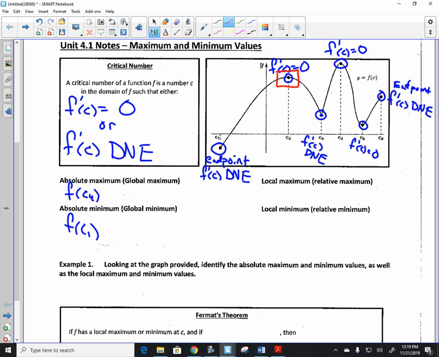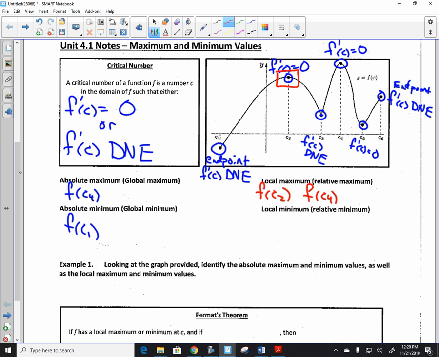Therefore, f of c sub 2 is a local maximum. And we have another spot that's a local maximum. Do you know what c value we would plug in to get a local maximum? c sub 4. So you can be a global or absolute maximum, but also a relative or local maximum.